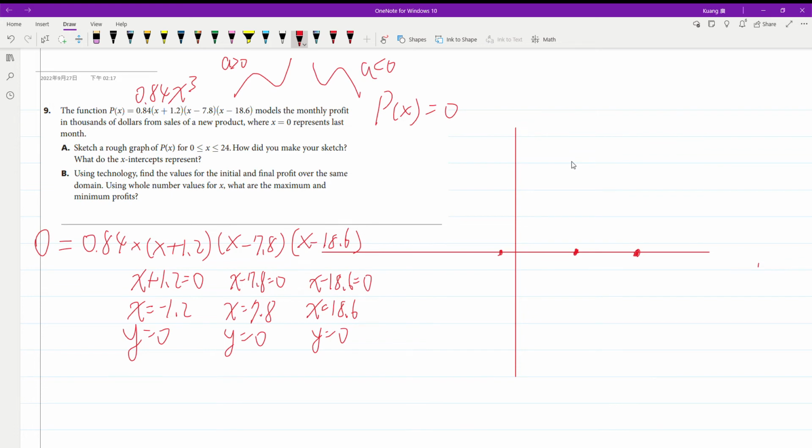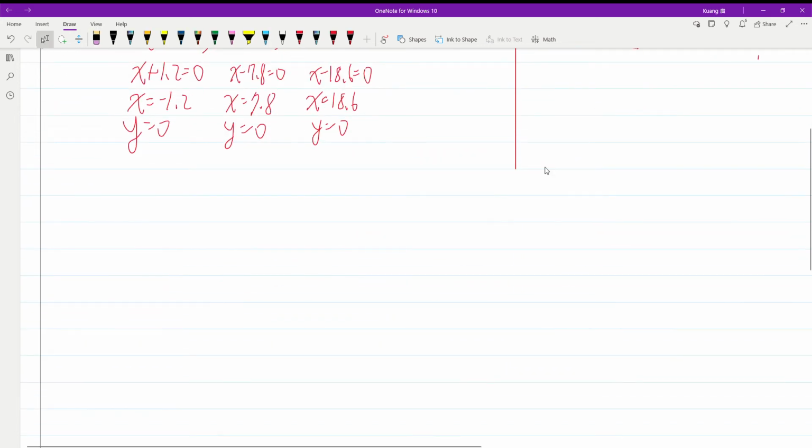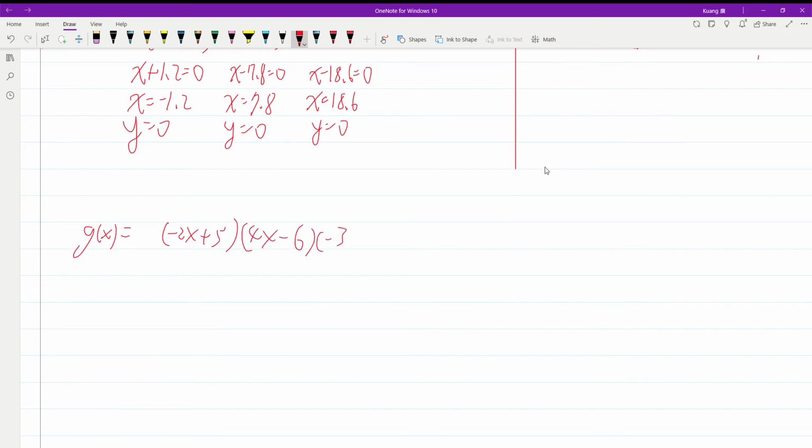By the way, how do you find the leading coefficient? Say we have g of x equal to maybe negative 2x plus 5, times 4x plus 6, times negative x minus 6, and negative 3x plus 6, maybe with an x squared here and a negative 2 in front. To find the leading coefficient, find the product of all the coefficients of x or x squared.